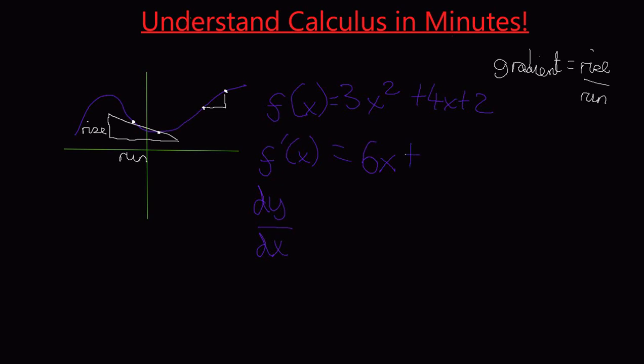Then we say plus 4, and then we multiply what would be a 1 here, bring it to the front, so that's our 4. But because we've reduced this by 1, this becomes x to the 0, and it's left as it is. And because there's no x here, we leave it. So this describes the gradient of this function.